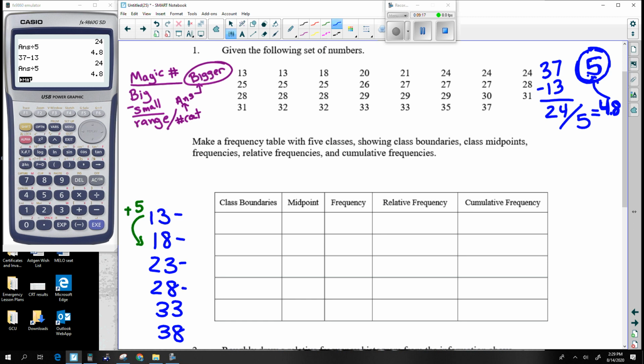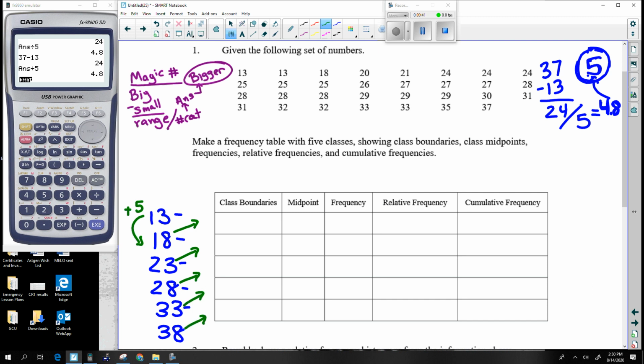So the question still remains, where do these boundaries end? We already talked about how this boundary is going to end at 17. How can I tell that? Where these boundaries are going to end is 1 less of where the next one begins.